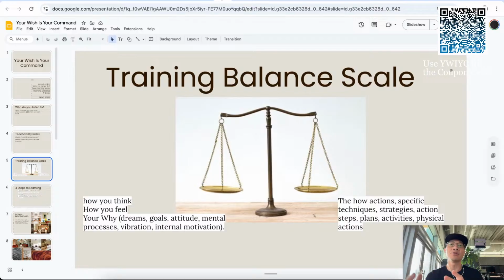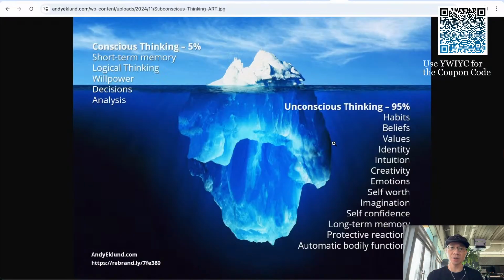And how do you unearth all that? You need to understand that, okay, this is the conscious mind right here. This guy is controlling everything: the unconscious thinking, self-image, your true values, your beliefs, your identity, your self-worth, imagination, your self-confidence. People think they're very confident up here.